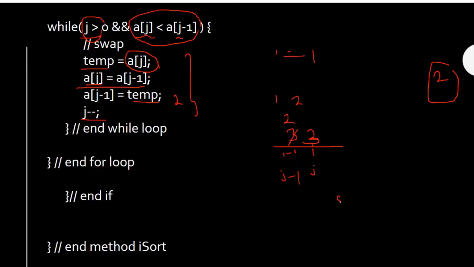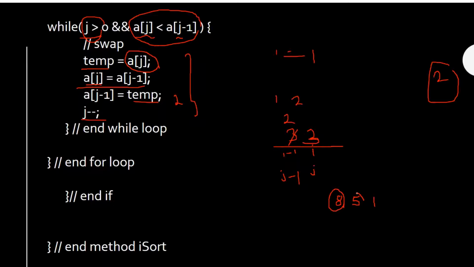Let's say, for instance, we have 8, 5, and 1. We know that for this to be sorted, 1 is supposed to be first, followed by 5. So the way it's going to go, we have 8 as the first element, which we assume is sorted.